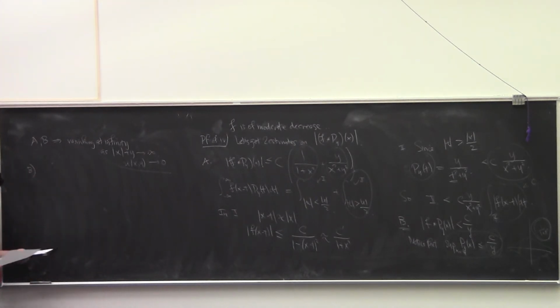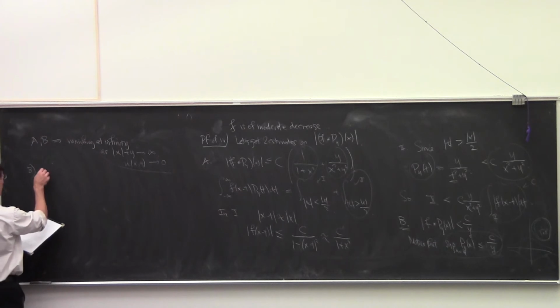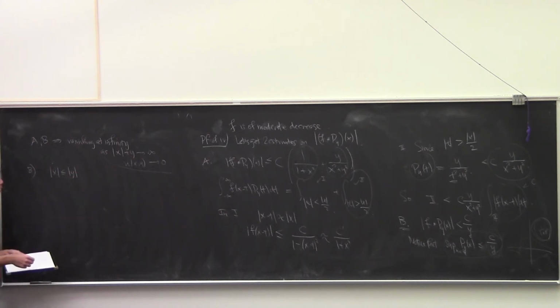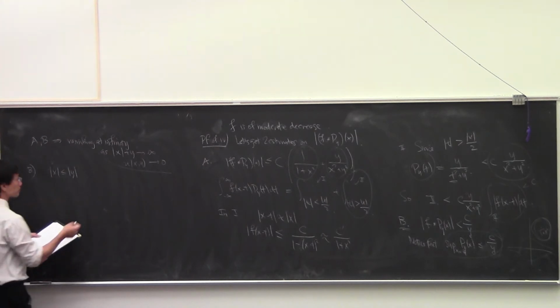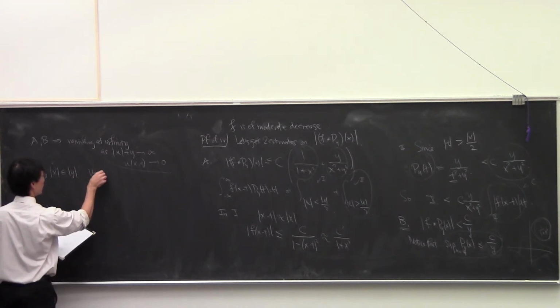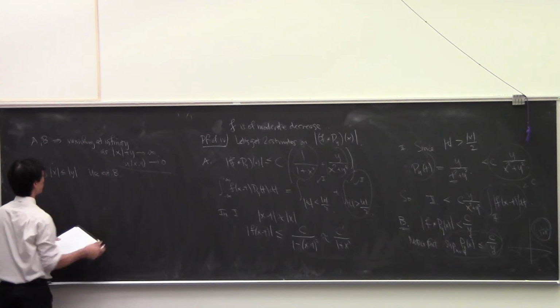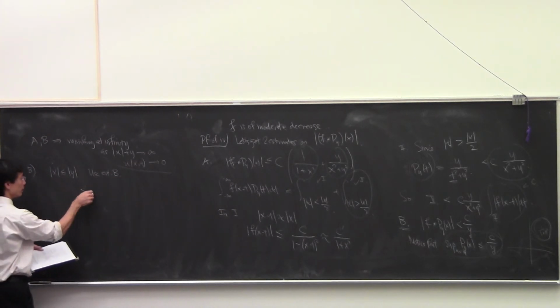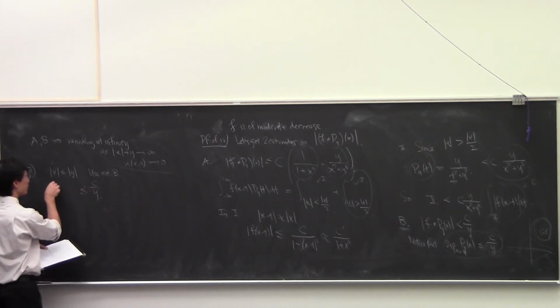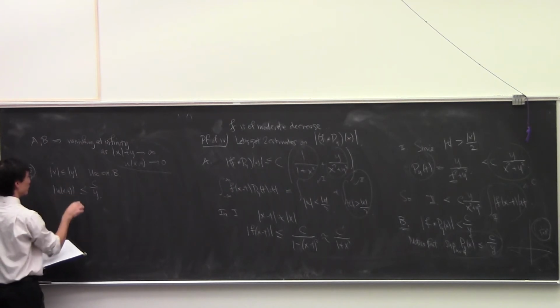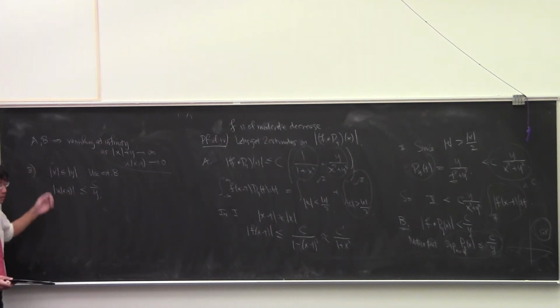So basically we break it into cases. Case one: your y is bigger than your x, then you use estimate B, right? Because the thing is controlled by c over y, and as y goes to infinity, this thing goes to 0.